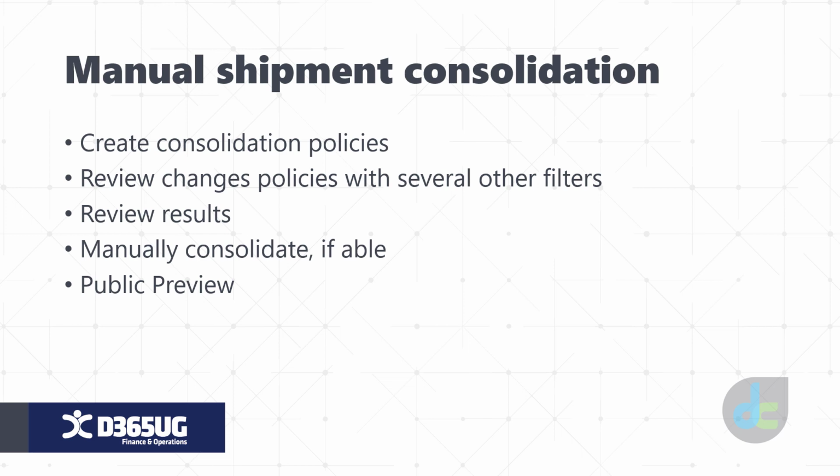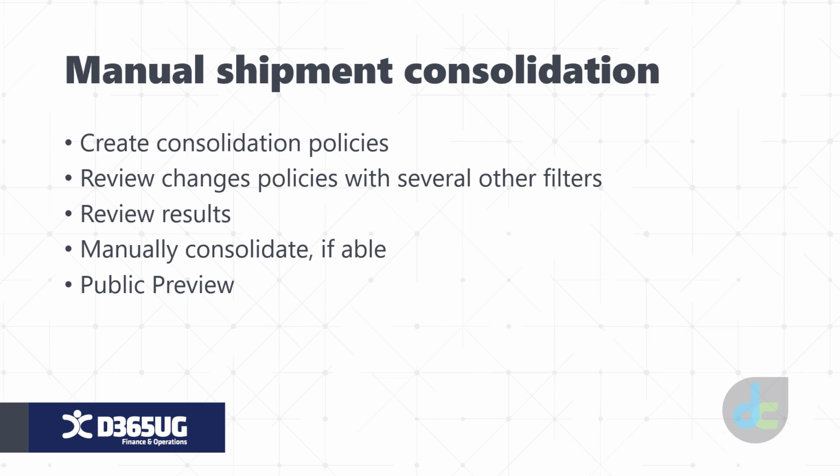Next is manual shipment consolidation. This lets you create consolidation policies, review and change those policies with several other filters, review the results for that consolidation, and manually consolidate if able.